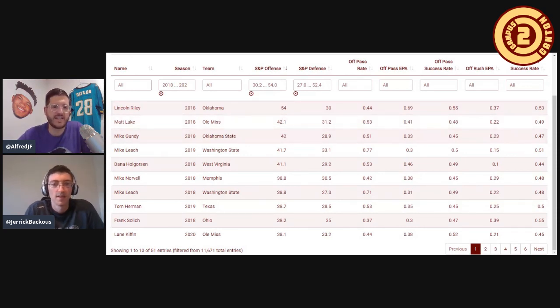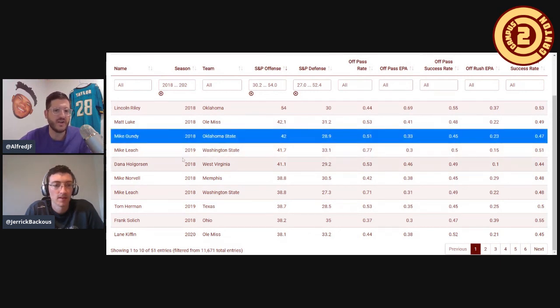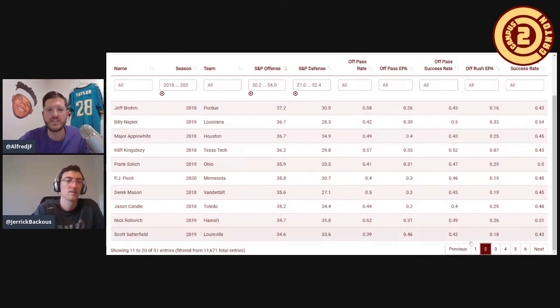Lane Kiffin showing up there again, which checks out. Mike Leach. Lincoln Riley, we know, he's running quite the show over there at Oklahoma. Mike Gundy. And these are single years, though, so you can see what year was this team, that perfect storm of offense and defense. And so you can play around with it.